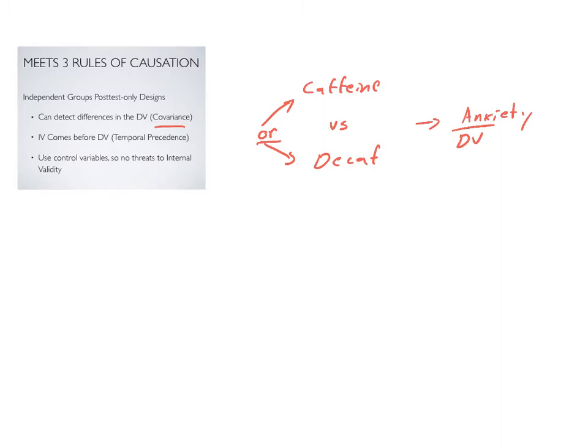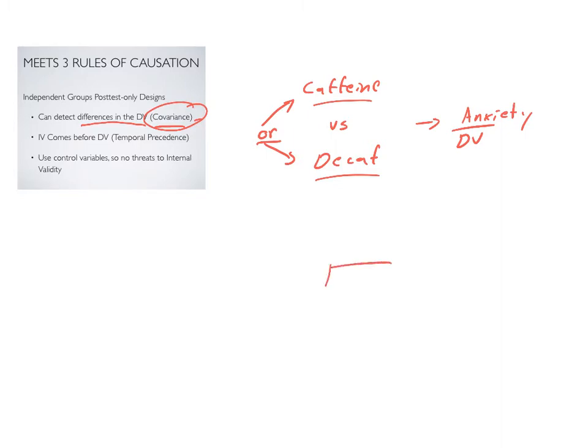Now let's look at these requirements. So based on these requirements, can I detect differences in the DV? Can we detect covariance? In other words, based on this design, can I see whether anxiety would be higher in the caffeine condition and how it would be different in the decaf condition?